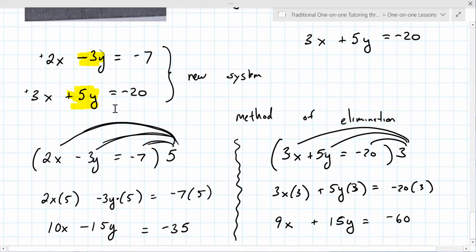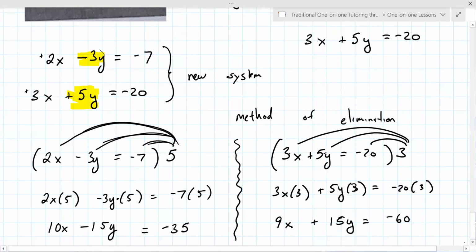The original equation is 3x equals minus 5y minus 20, and it becomes this. Okay, got it down.